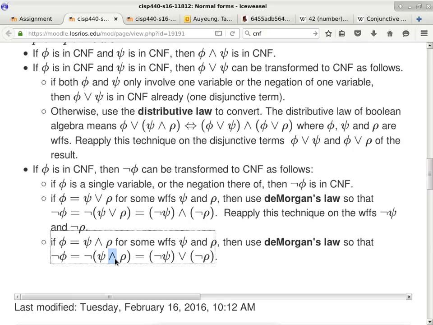So whenever you see something in this particular format, which is negation of well-formed formula psi and well-formed formula rho, you can take the negation on the outside and, quote unquote, distribute the negation to the inside, but then you have to change the operator from an and into an or.